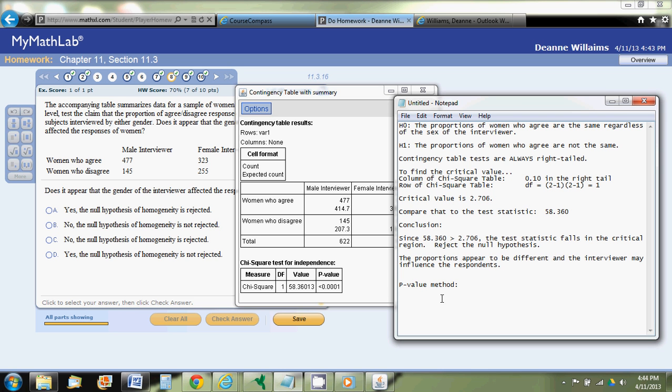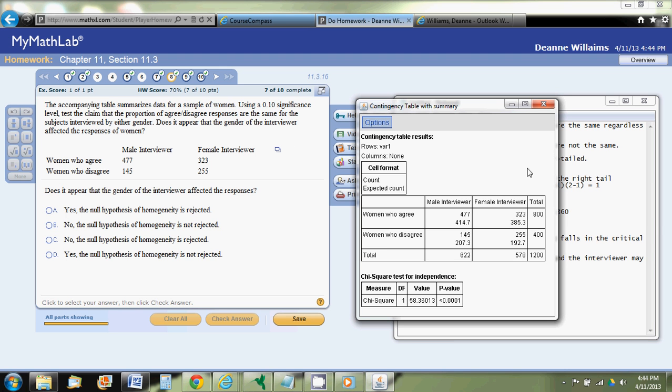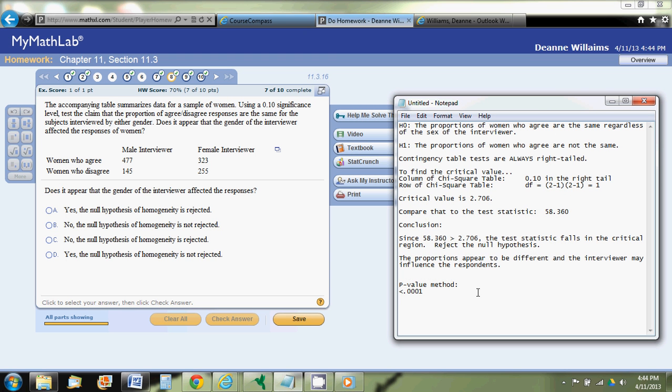This checks out with the p-value method. If you look at the p-value, it's very, very small, right? Less than 0.0001, which is much, much smaller than our significance level. And so based on the p-value method, we would also reject the null.